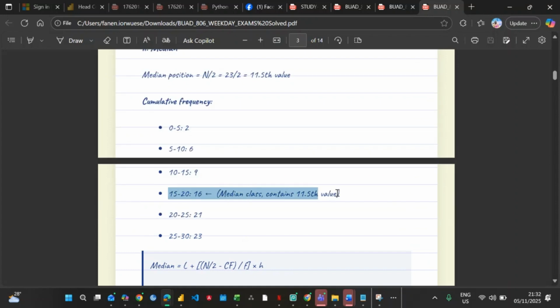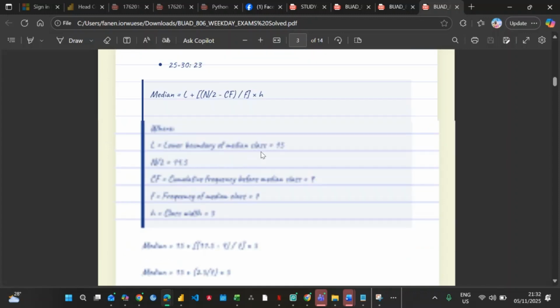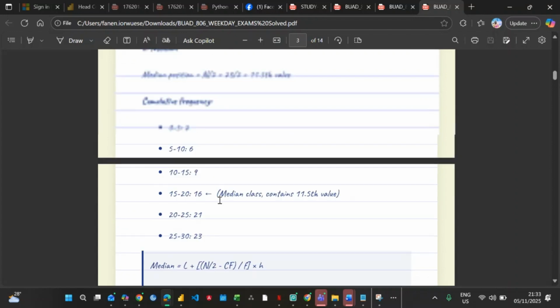Now, for us to compute our median, if you look at the formula, our lower boundary of the median class is 15 because we got the 15 from here. This is where we got the median. Then n is equal to n divided by 2, right?